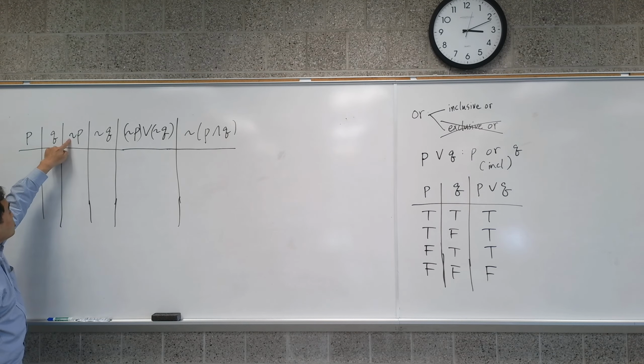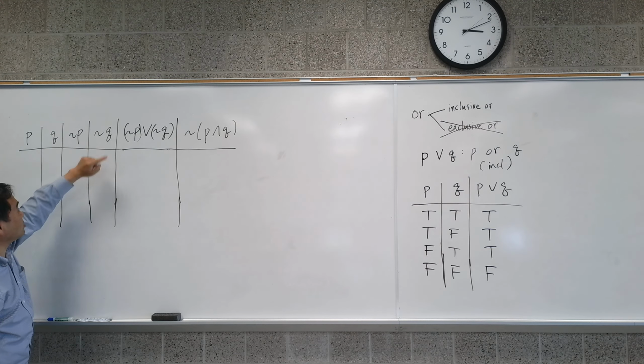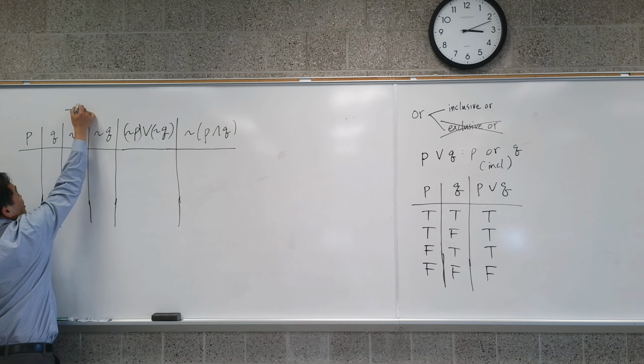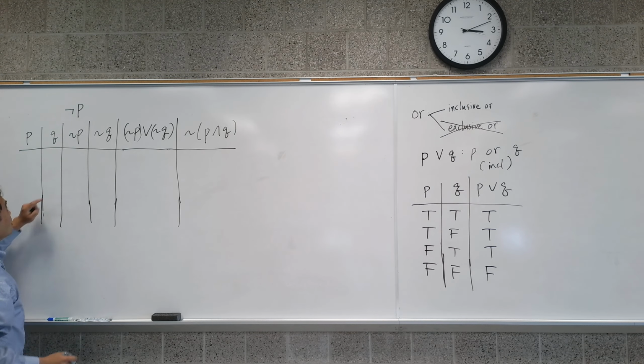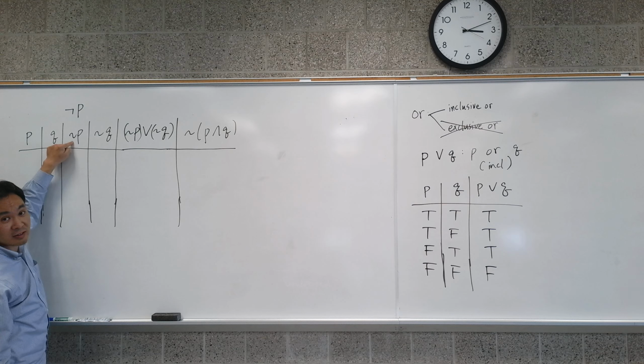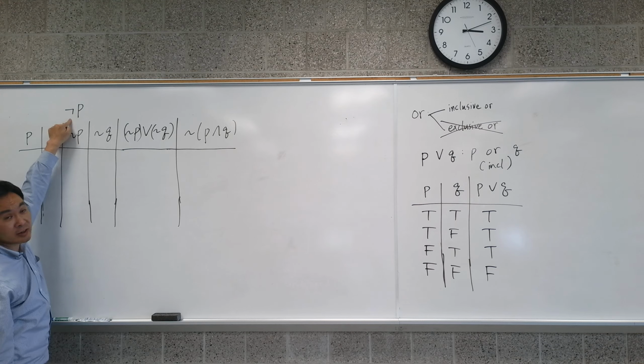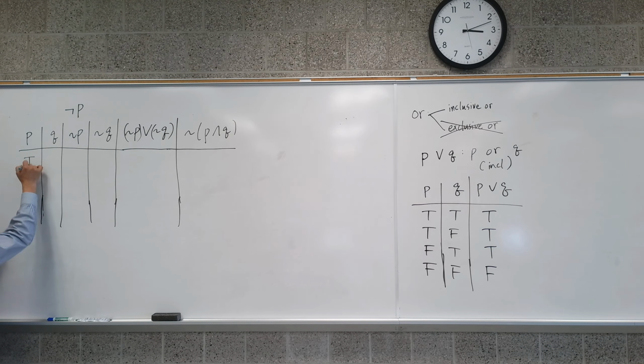Now this twiddle before the P, that's not. So it's not P, not Q, but that's not universal. In some textbooks, you're going to see not P written in a different way, and usually they write this or that. I'll stick to this one, but make sure that you understand sometimes textbooks use it the other way. Okay, so we'll again write down all the possible true, false combinations.